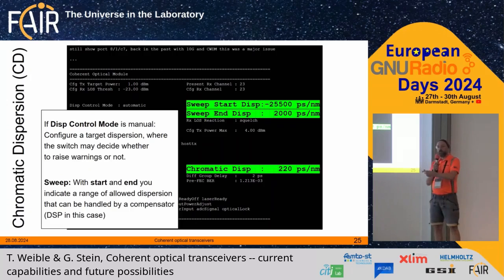This would end up in 22 kilometers, which is not true. We were running at 15 kilometers. So we weren't quite sure where this offset is coming from, because we did a back-to-back link with only 2 meters of cable, and then we saw there 80 picoseconds. So there was somehow an offset, maybe of some not proper calibrations. We were not quite sure where it was coming from, because the actual fiber was 15 kilometers.